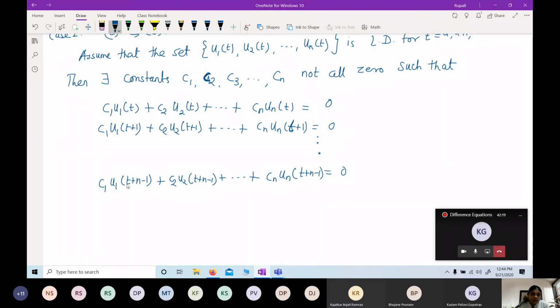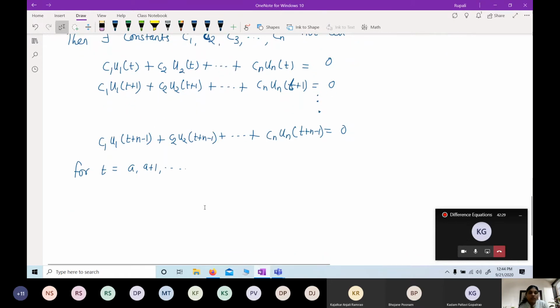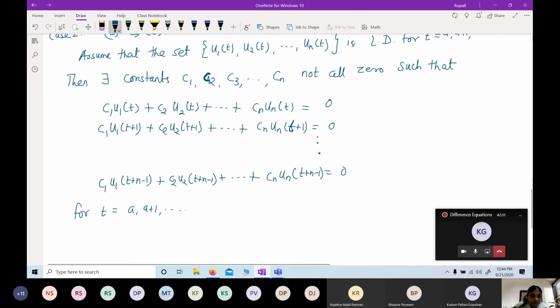Yes, and this is for t equal to a plus 1 and so on. So now this is this system.